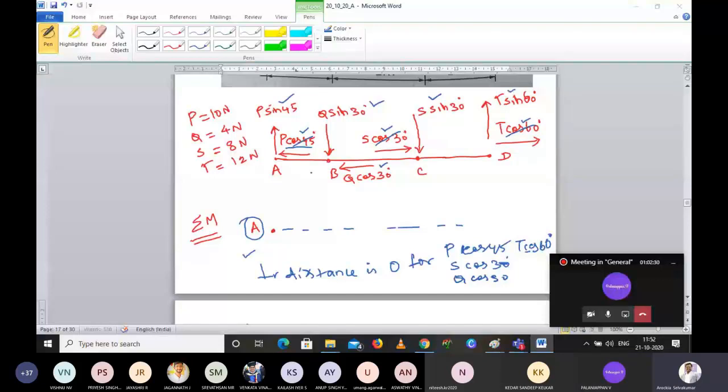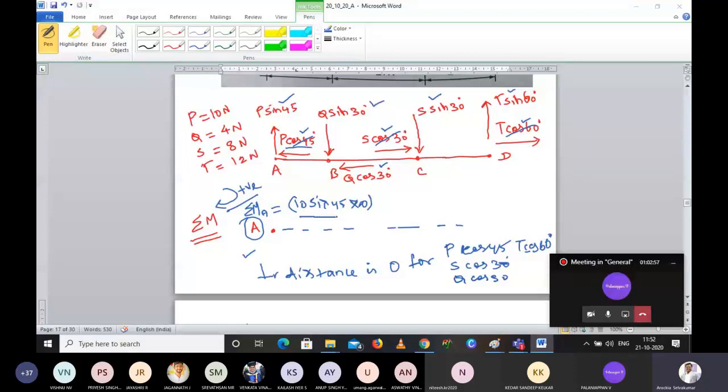Now when I am calculating, take clockwise as positive. Please listen. So moment about A, as I told, the first one will be 10 sin 45 multiplied with 0. Any doubt in this?